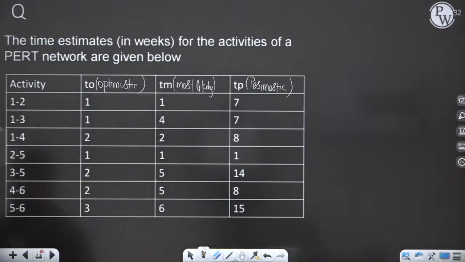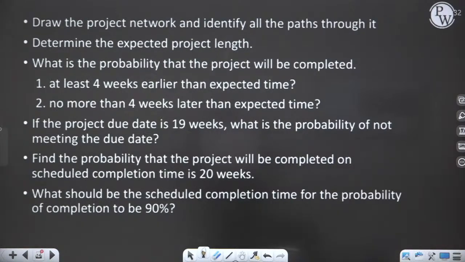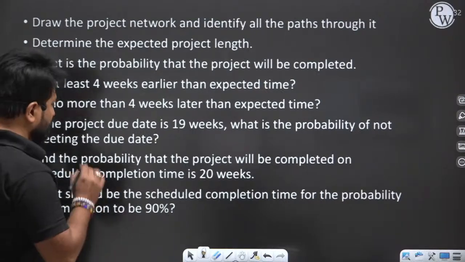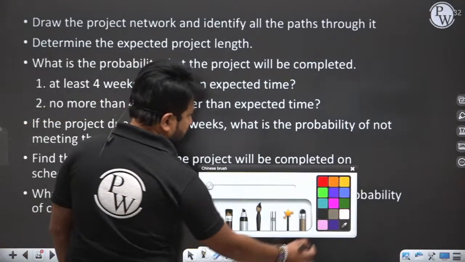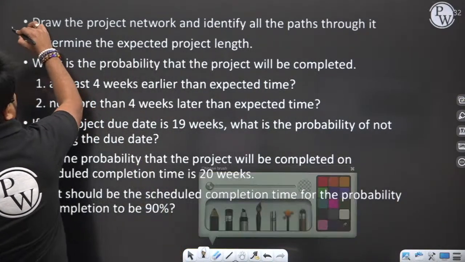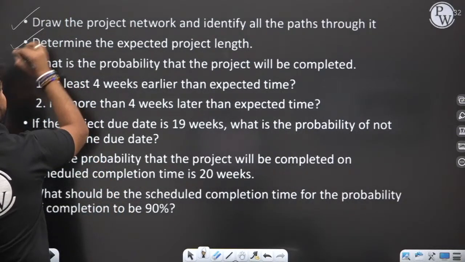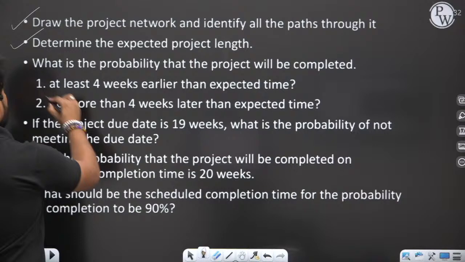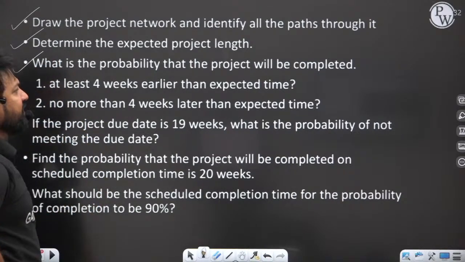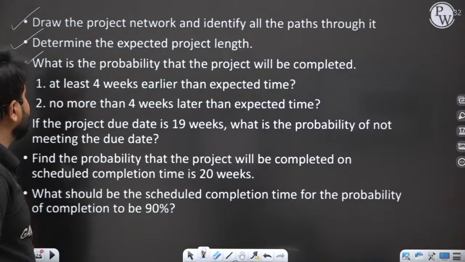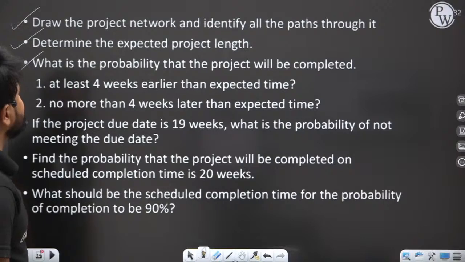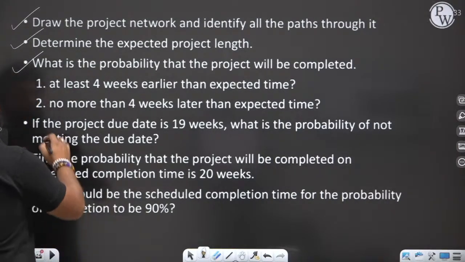The respective question is that you have to draw the project network, determine the expected length, and find the probability that the project will be completed at least 4 weeks earlier than expected time.